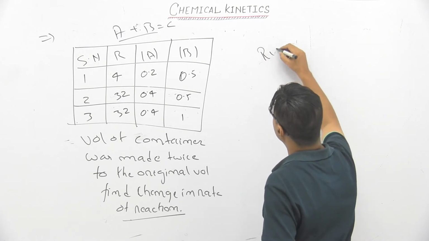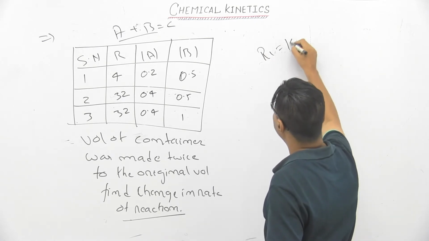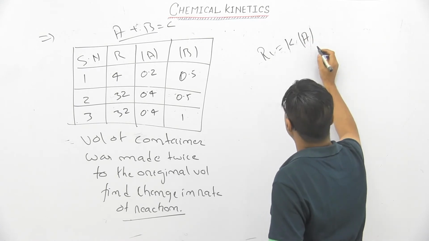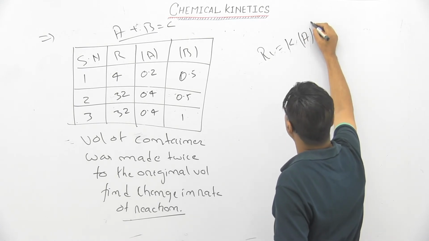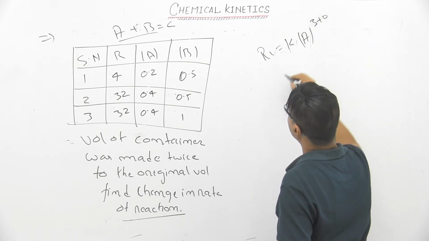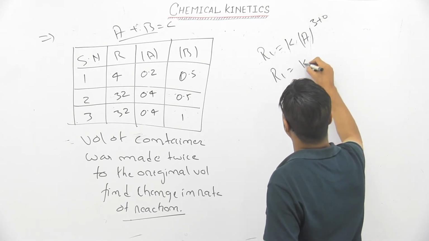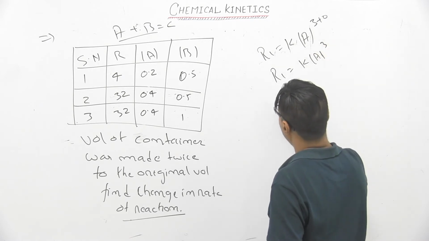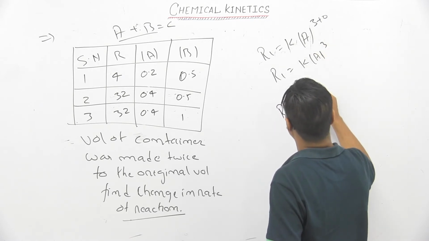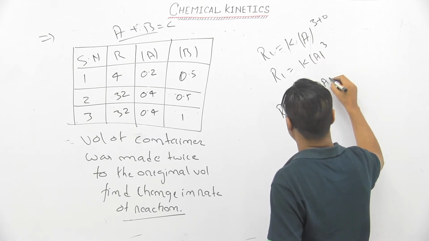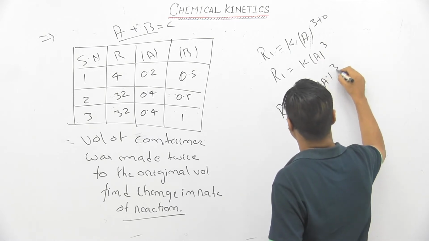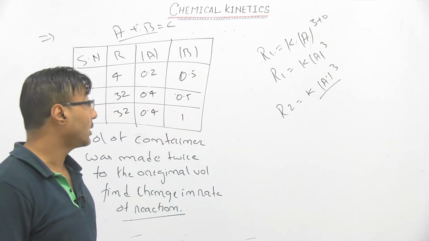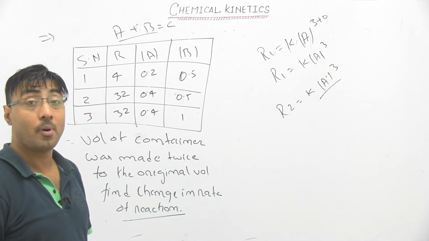So R1 is K, let it be A, and what is the concentration overall? It is 3 plus 0. So finally R1 is equal to K A cubed. R2 is equal to K, again it is A dash cubed, because we have changed the volume.